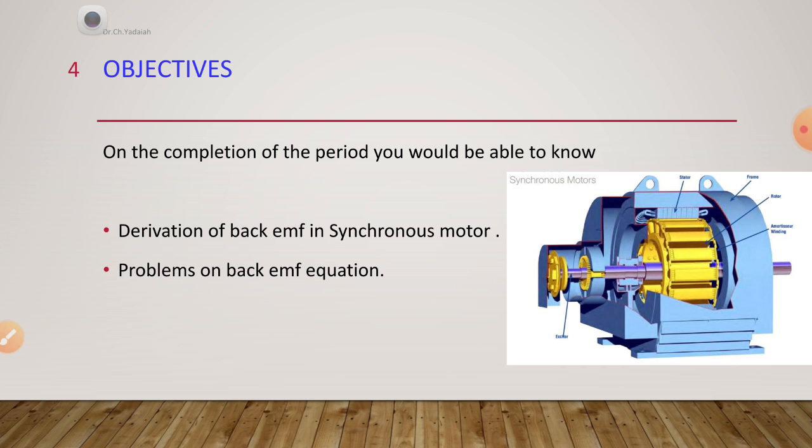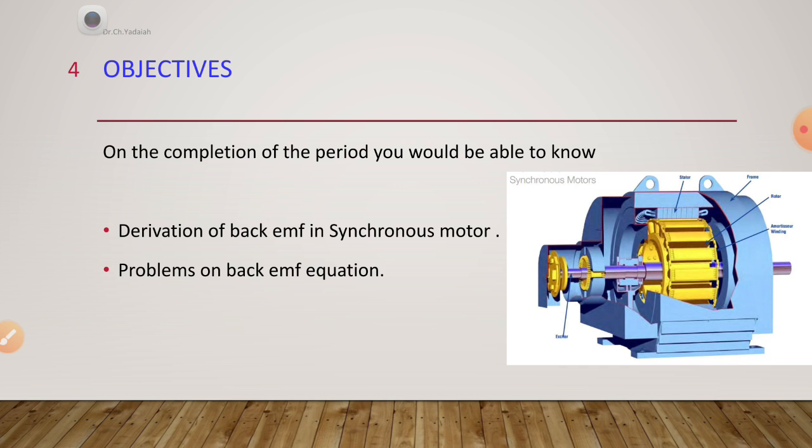Corresponding to the applied voltage and armature current, there is a phase angle, the power factor angle phi. The vector resultant of the applied voltage V and the induced back EMF EB produces a resultant voltage called ER.